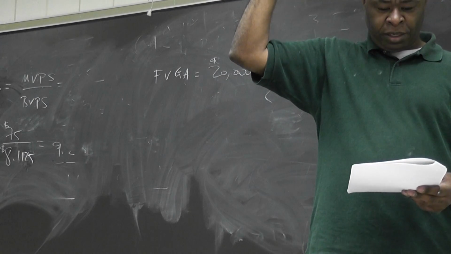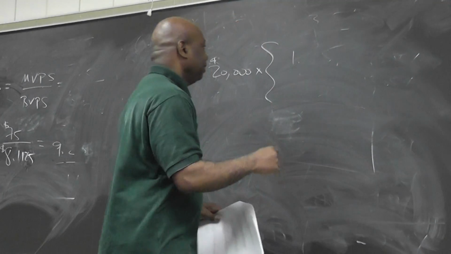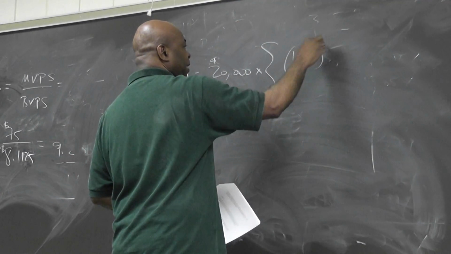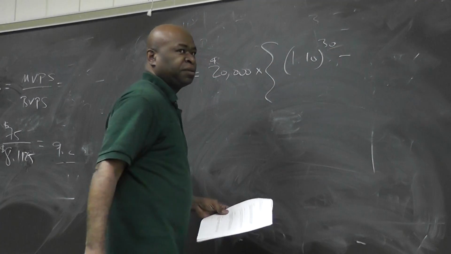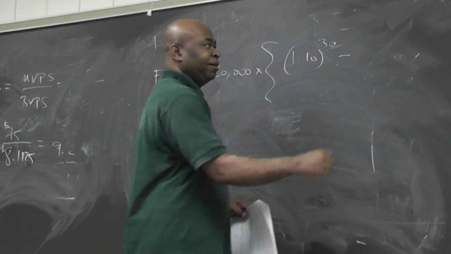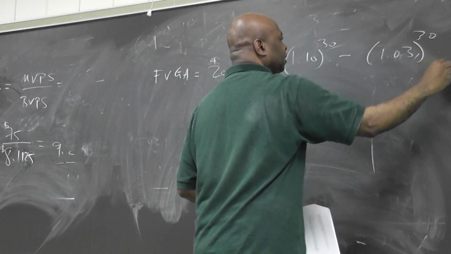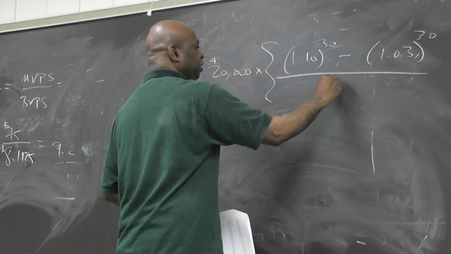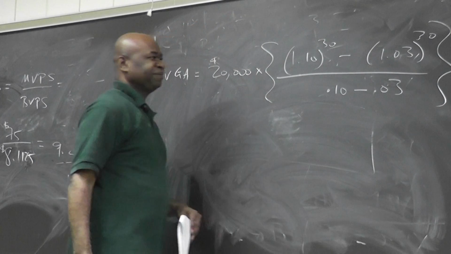So therefore it's 1.10, because the discount rate is 10%, raised to the power 30, minus 1 plus g to the power n, 1.03, and then the whole thing over r minus g, right?